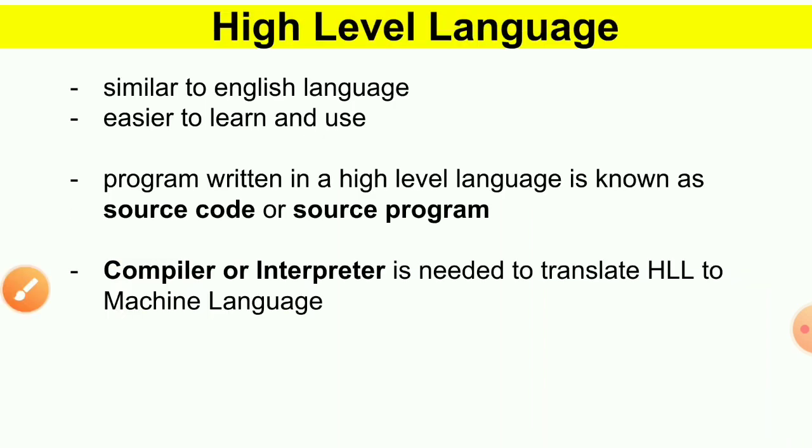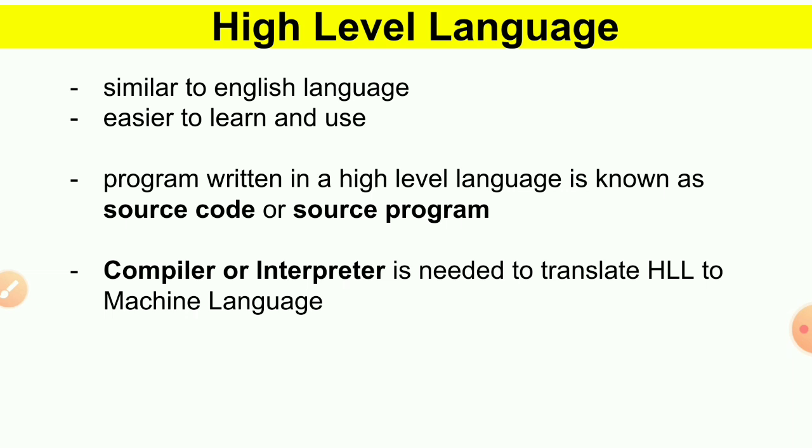Now coming to high level languages. High level languages are very much similar to the English language, and hence much easier to use and learn as compared to machine language and assembly language. Machine language is a low level language.